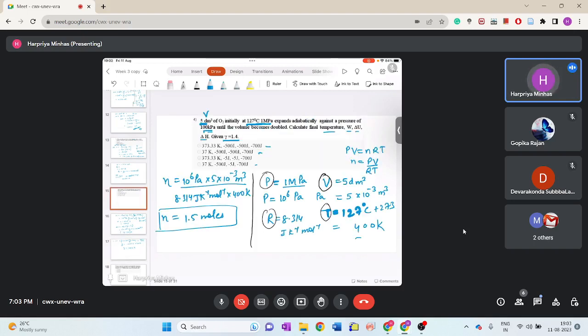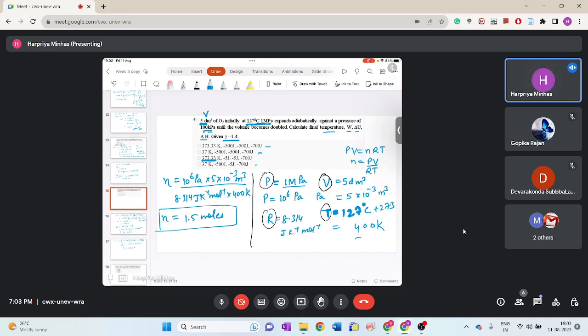Now getting back to the options. For the temperature we have the option of 373.33, and the option that matches is this value. And for the work that we calculated was 500 joules.